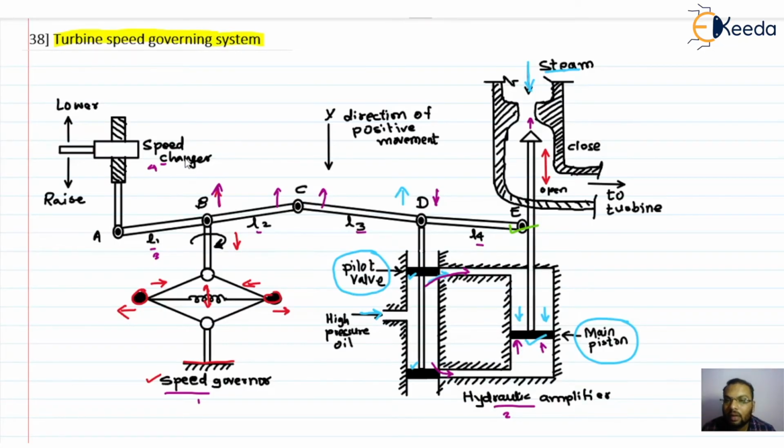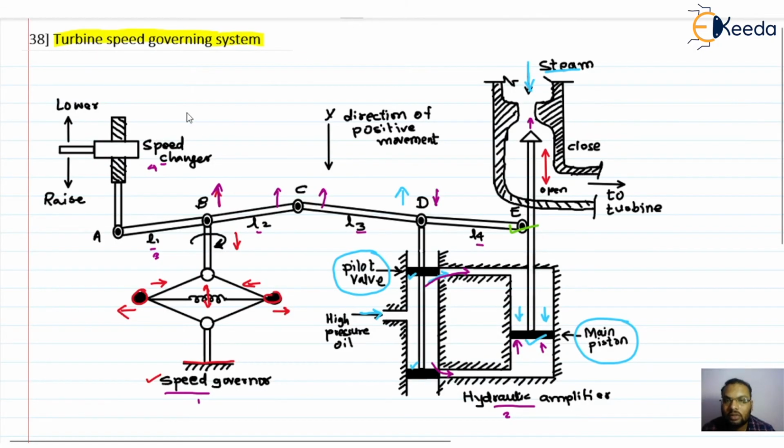Now the fourth part, that is the speed changer. Suppose you want to control the output of the alternator. Controlling output means controlling the speed or the frequency. Suppose you sense that the load has increased and you want to increase the speed of the alternator. What you have to do is push down this speed changer.